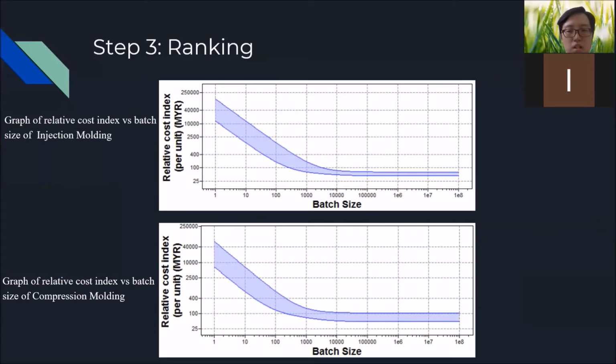However, when the batch size increases to 10,000 units, the cost of the injection molding process is lower than the compression molding process. It is clear that injection molding is more effective for high volume production than the compression molding process.